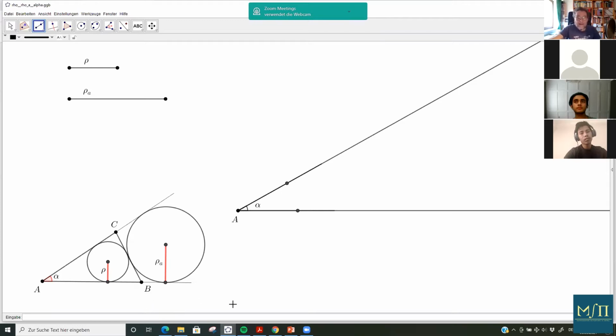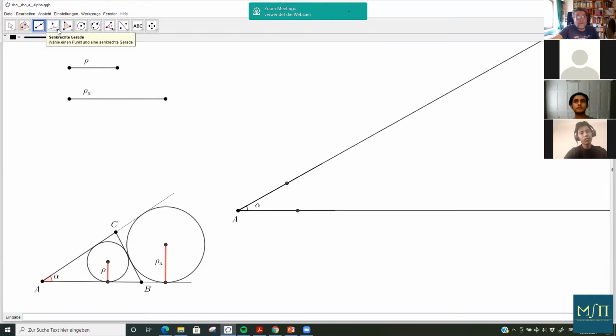We can recognize that both the incenter and the excenter of the triangle, so the midpoints of these two circles, both lie on the internal angle bisector of the triangle in A. Since we do know both of the legs of this angle here, we can also immediately construct the angle bisector. That's not a problem. And that way we will know some information about where to put the midpoints of these circles. So we can definitely find the angle bisector.